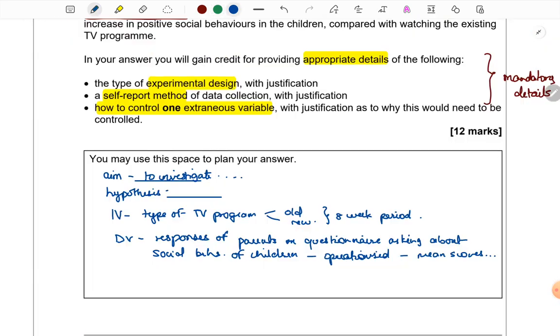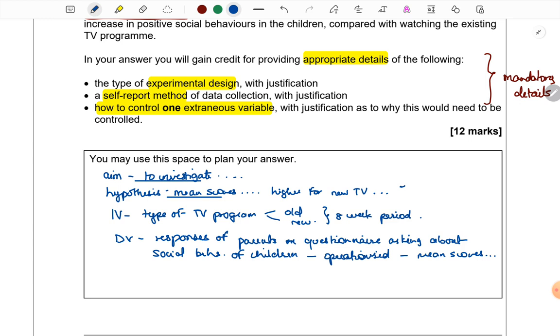So again, I'm not writing it fully, but when I write there, I will write that mean scores on the questionnaire will be higher for those watching the new TV program rather than those watching the existing TV program.